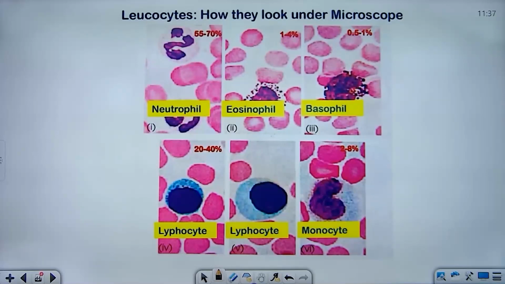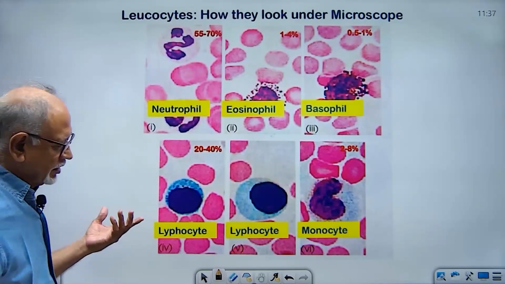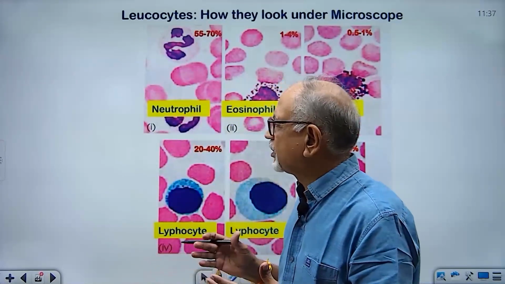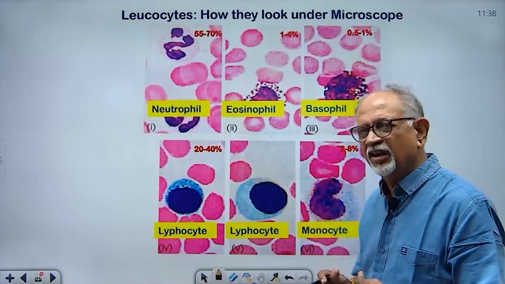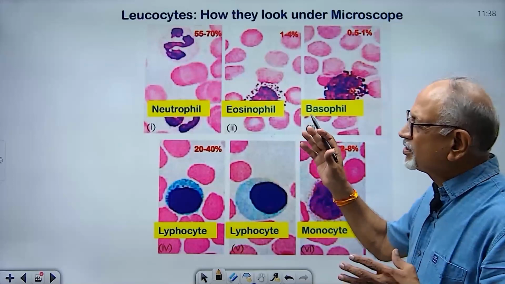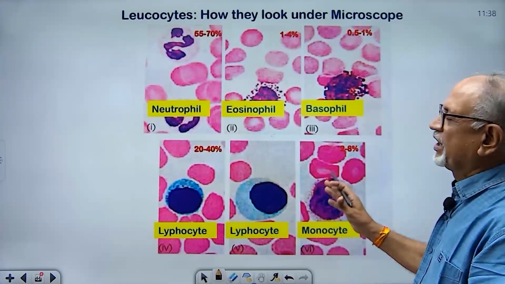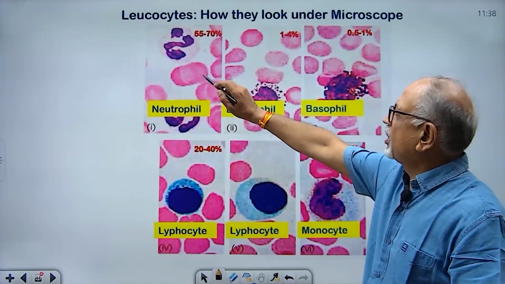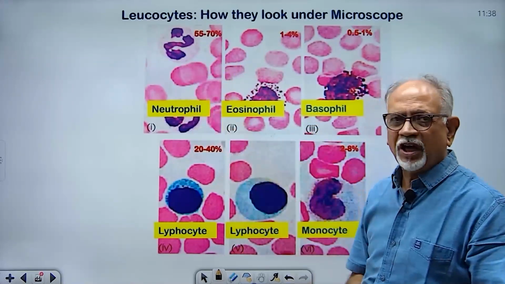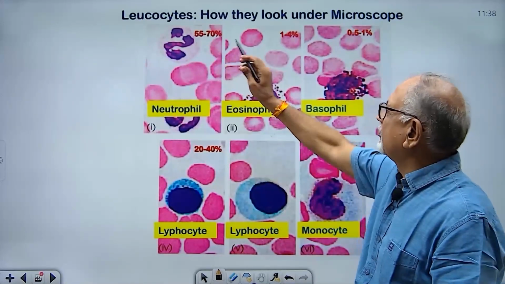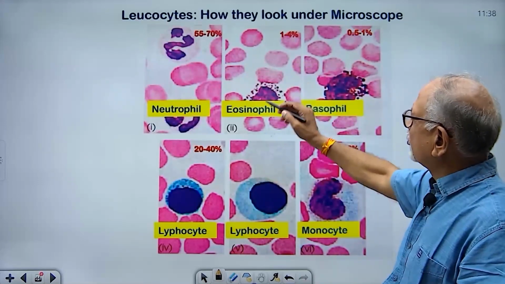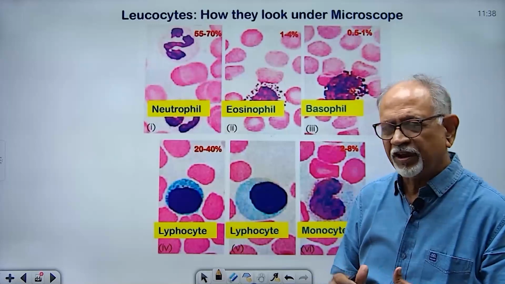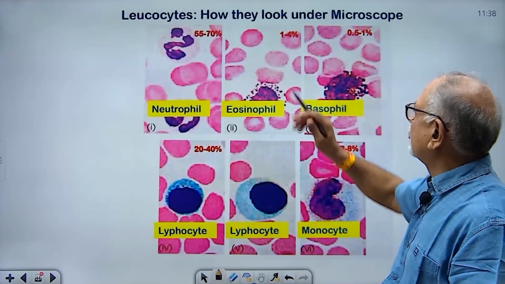Now, just for your reference, here is a picture of how these cells look under the microscope after staining. Here you can see the neutrophils with the polymorphic nuclei, they form 55 to 70%. The eosinophils with red stain of eosin acidic dye, they form 1 to 4%.